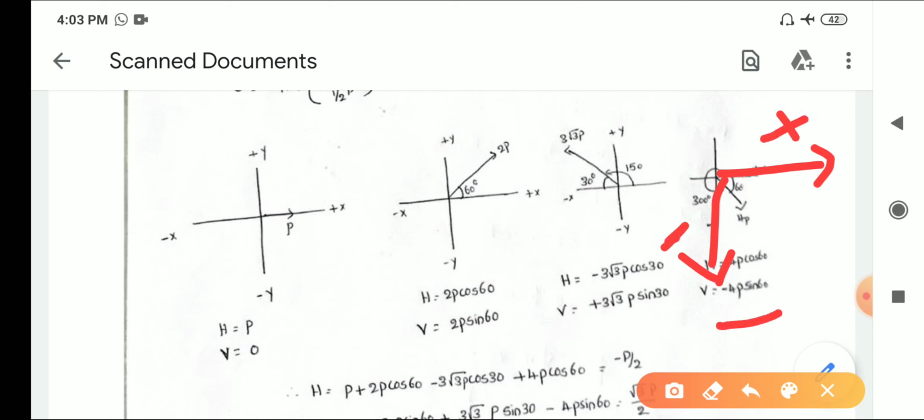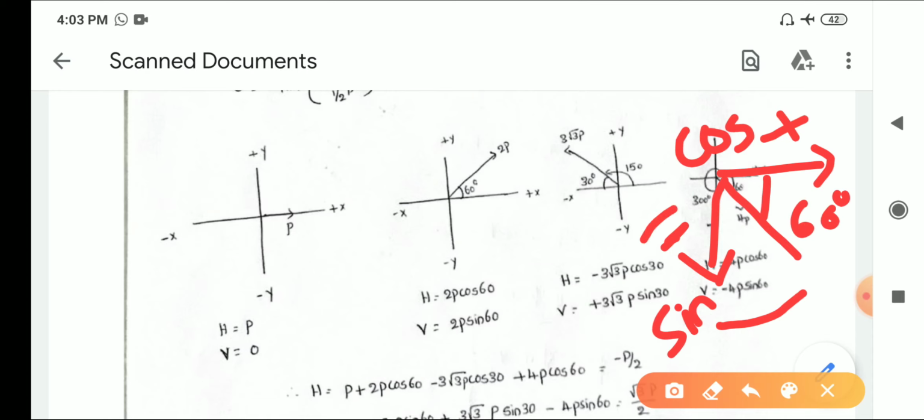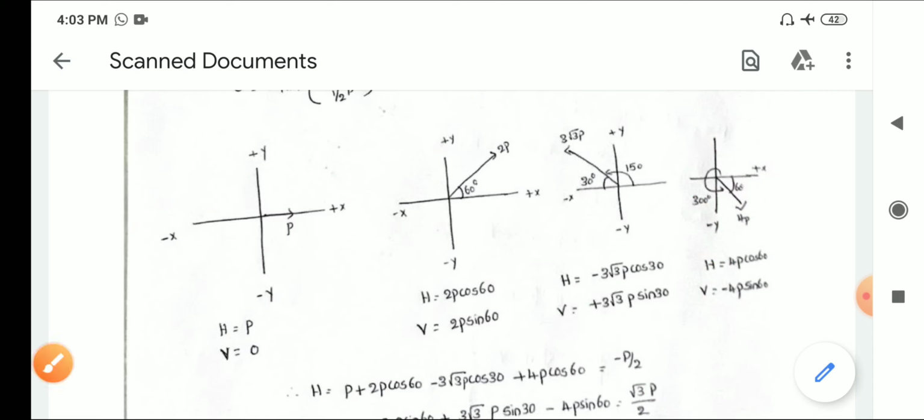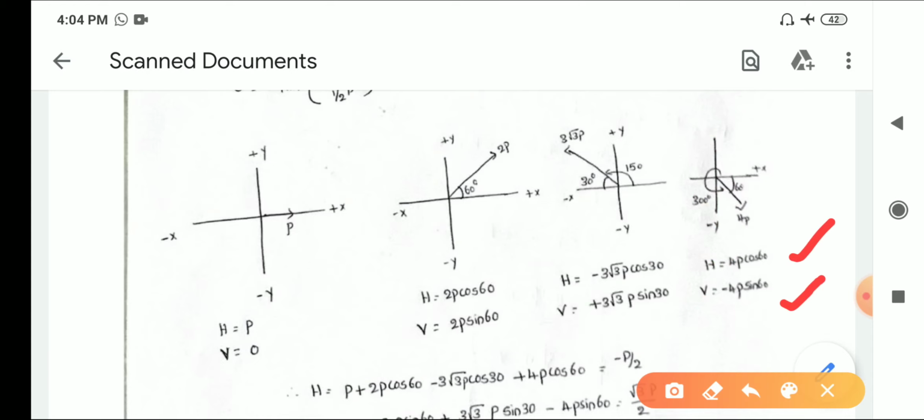That's why I got the vertical component as negative, horizontal component as positive. As it is 60 degrees, the side which is along theta will become cos, and the other side will become sin. As it is negative, minus sin theta. As it is positive, plus cos theta. That's why 4P cos 60 minus 4P sin 60.